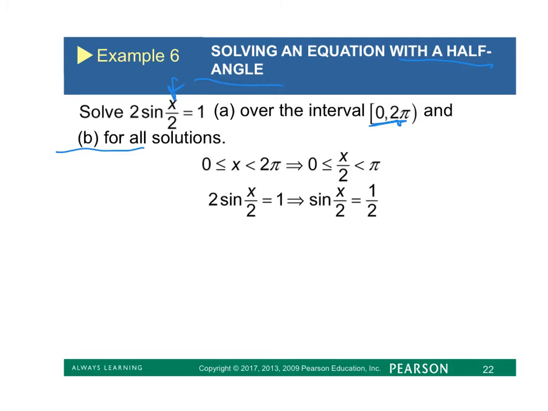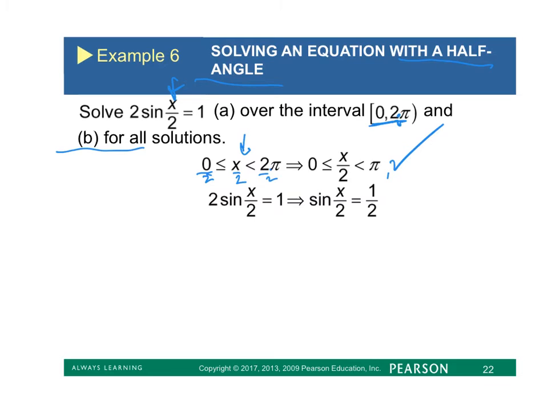If we're going from 0 to 2 pi, he divided everything by 2 so my domain for x over 2 is really going to be from 0 to pi. I've never quite done that before. That's an interesting approach. But anyway, moving on.